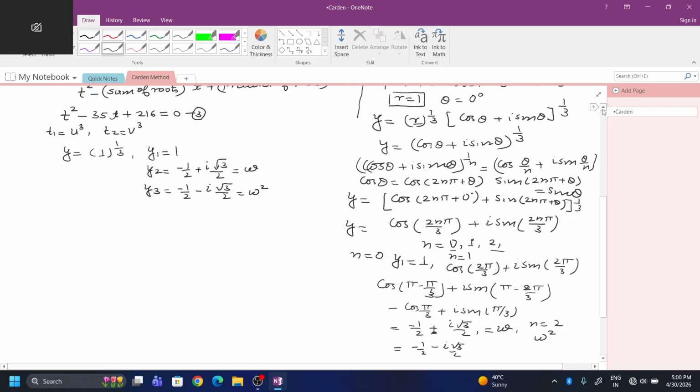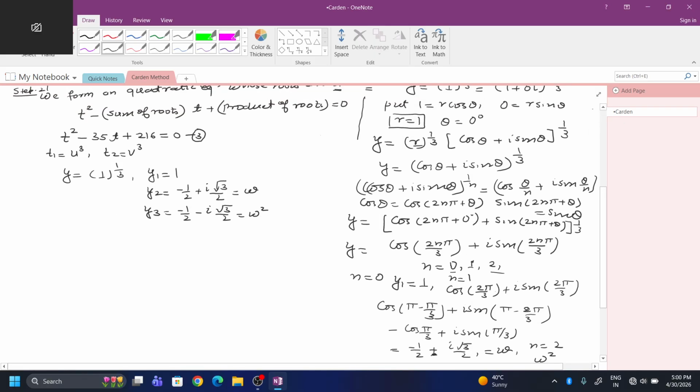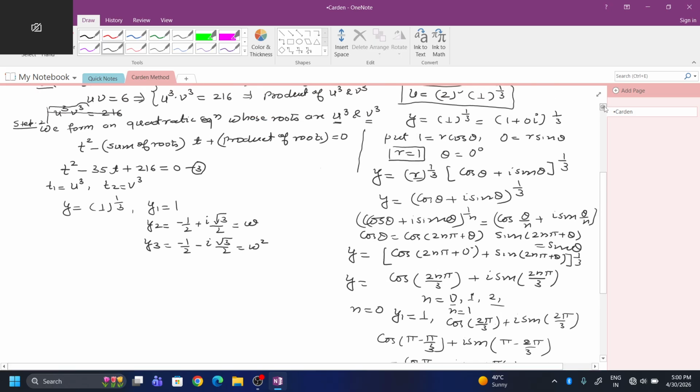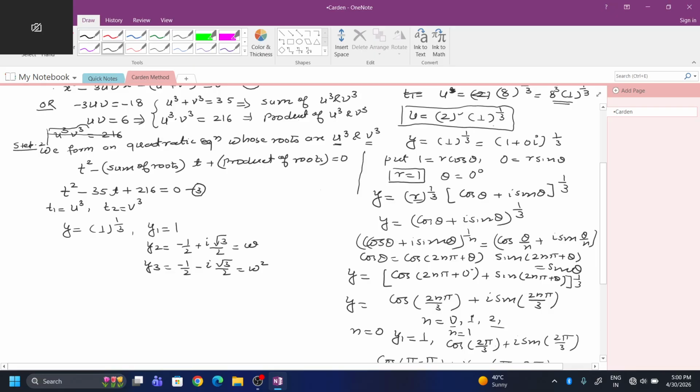And we know that u equals 2 times 1 to the power 1 by 3, that is 2y. Then we get three different roots: u1 is 2, u2 is 2 omega, and u3 is 2 omega square. These are the roots u1, u2, u3.